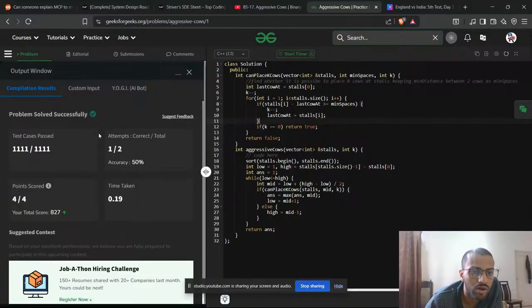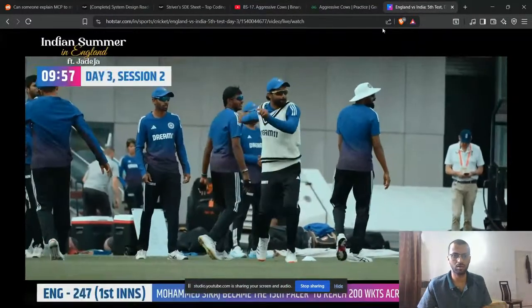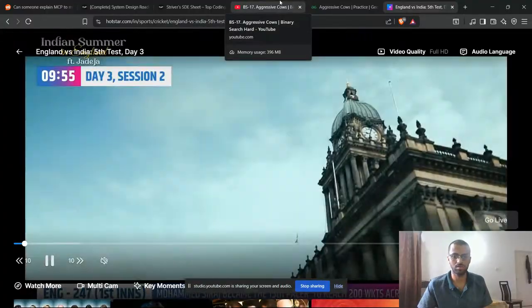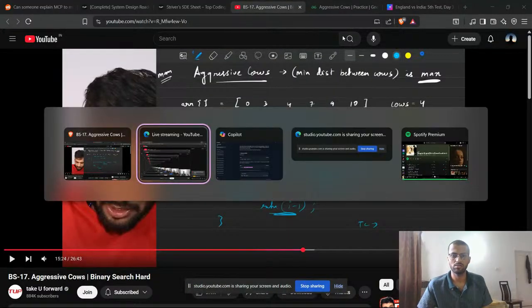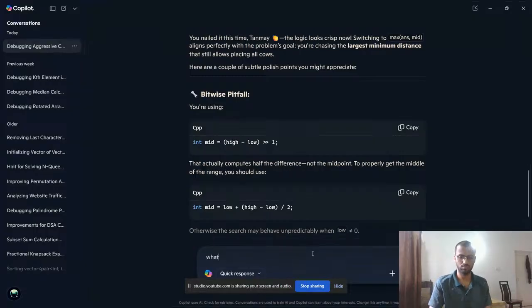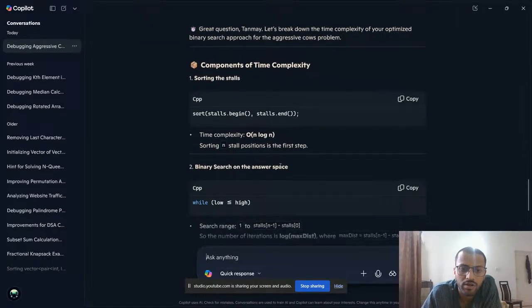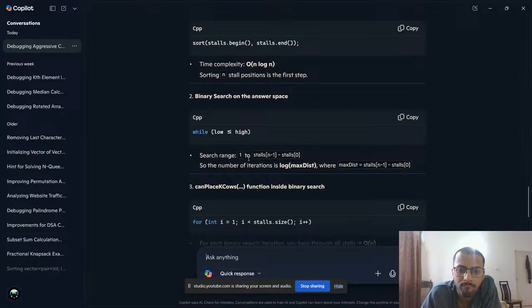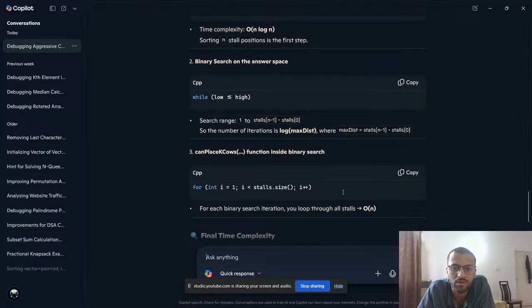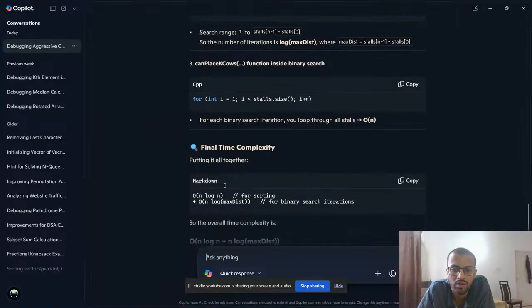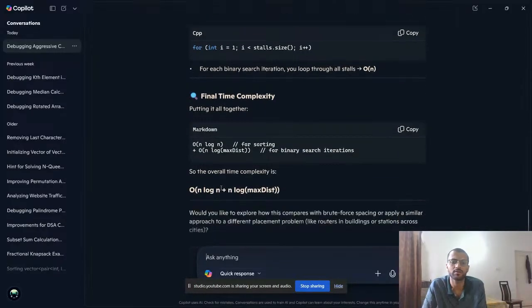So it will be n log n only. Max distance, n plus k counts: order of n log n plus n log max distance.